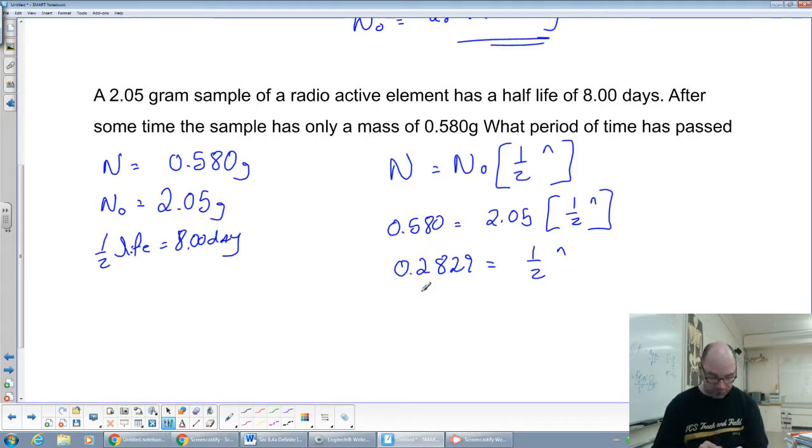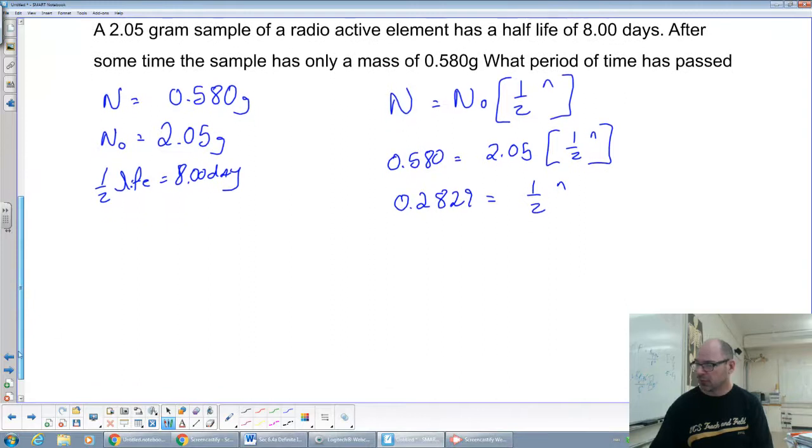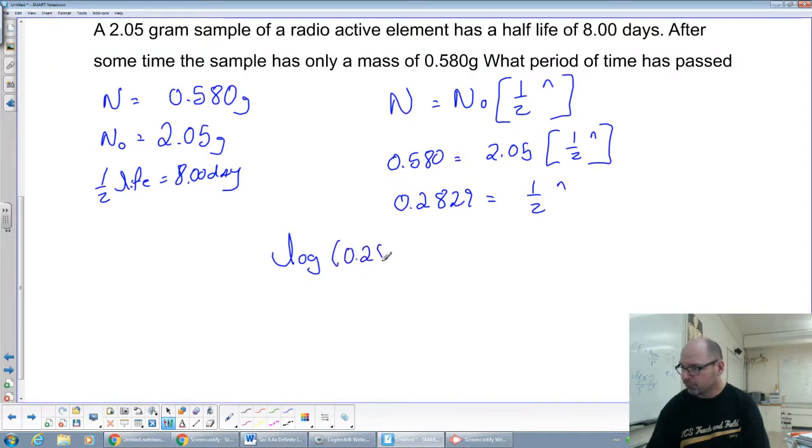I'm just going to check to make sure that I get this. I rounded this off; it's actually 0.2829. Okay, so if you have this equation, you can use logs. Now you can take the log of this number, and that's going to equal the log of this number.